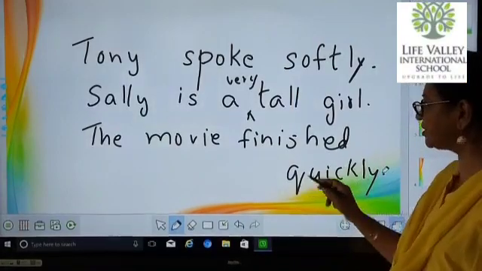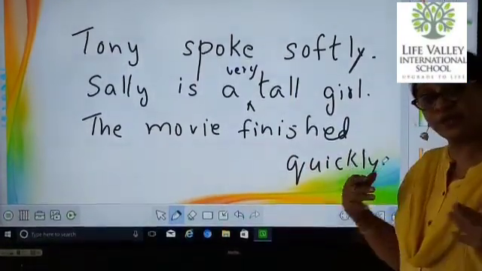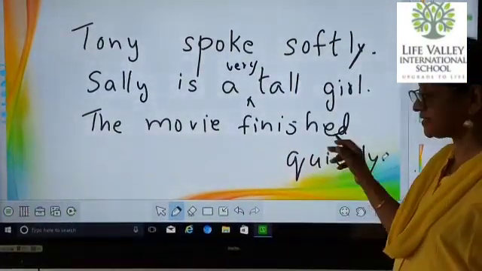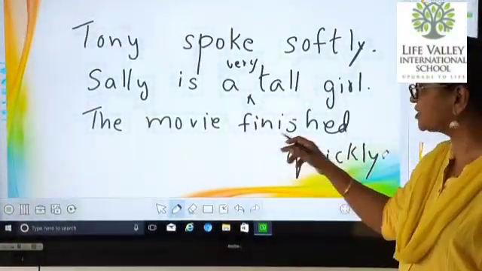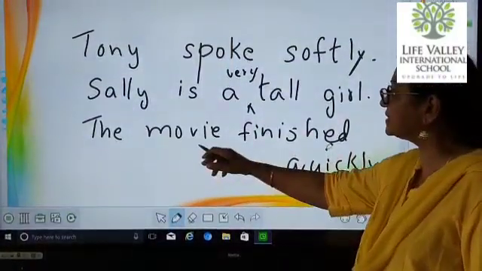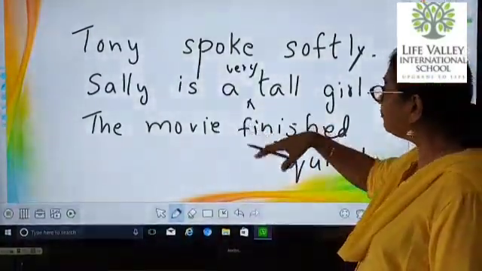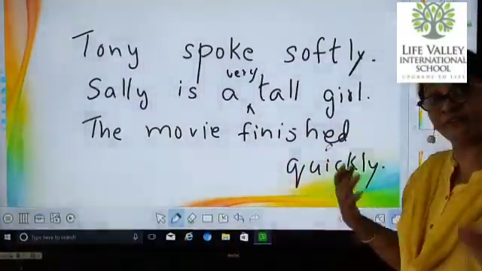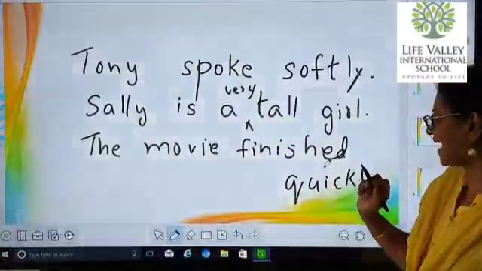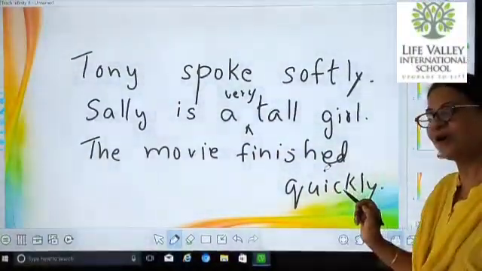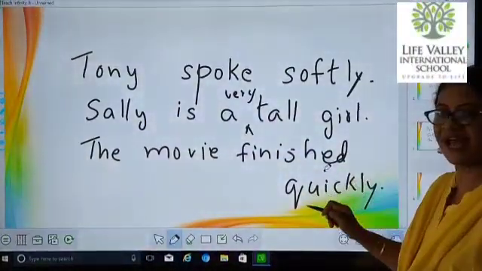How did the movie finish? The movie finished quickly. So finished is a verb, right? Finished is an action verb. Movie is the name of something that you saw. Alright. So the movie finished quickly. So an adverb which is telling you more about another adverb.